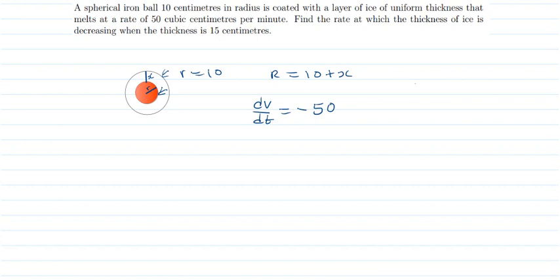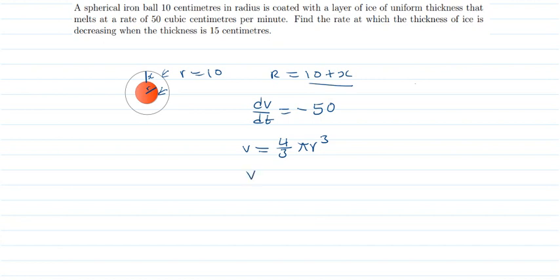Alright, with this information, let's outline the formula first. We know that the volume of a sphere is equal to 4/3 pi r cubed, meaning that we can replace our r with this one, since we want to find the volume of the whole thing.